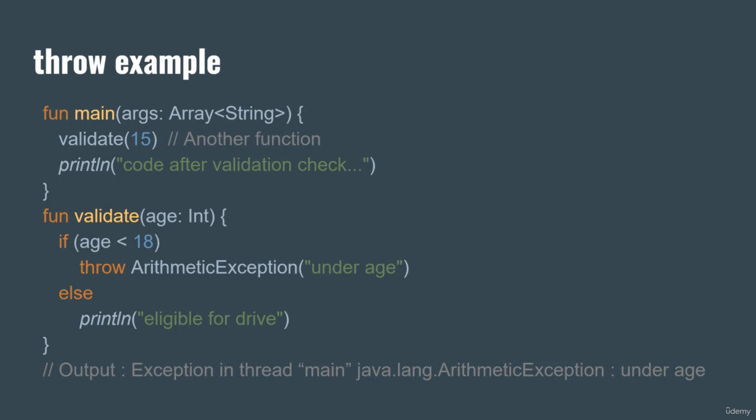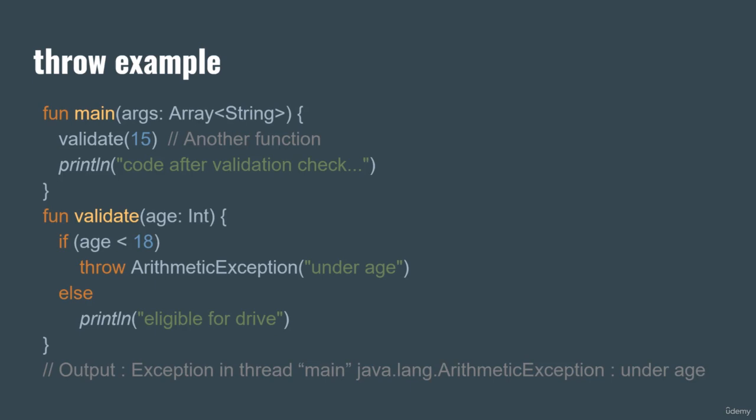So we have this func main where we use this validate function and we pass a value of 15, and we print some code after the validate function. In the validate function, we check if the age is below 18, and if that's the case, then we throw an arithmetic exception where we say "under age". And if the age is not under 18, then we say "eligible for drive". This is not the case for the US, but it's the case for many other countries where you have to be 18 in order to drive.